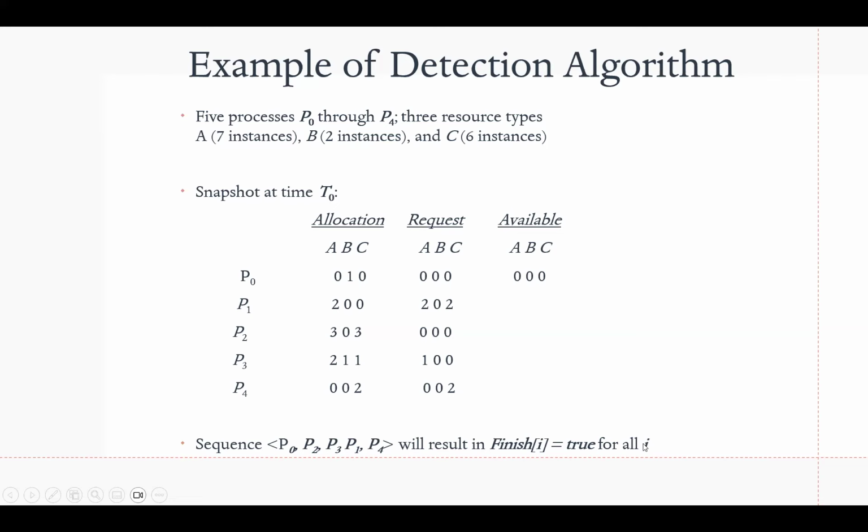Now we'll make one small change in this example. What do we do? The request of process P2 is 000.